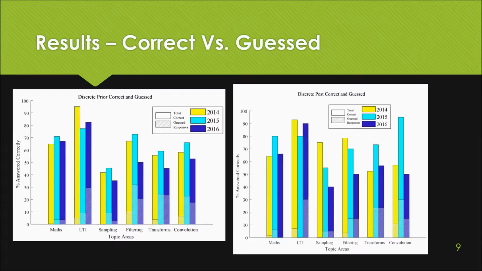So by pulling out keywords such as guessed or eliminated, which we asked the students to use, we can see in these graphs here, the shaded bits down the bottom of each bar is the percentage of students who guessed the correct question correctly, and the total length of the bar is how many students got the question correct. So straight away, it's easy to identify those areas where students were guessing a lot, which are areas which might need to be looked at or explained in further detail.